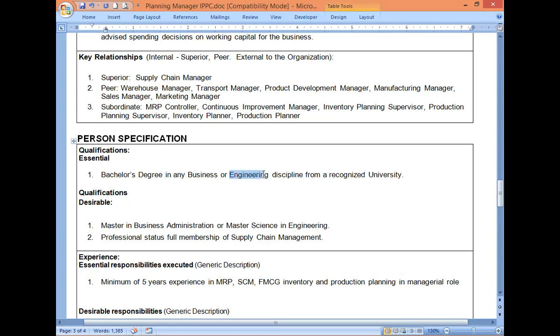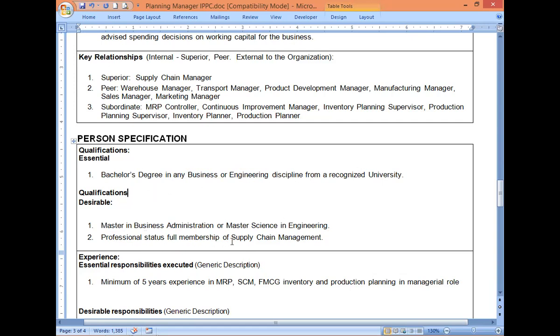He could be an engineer or he could be a business administrator, doesn't matter. And you could have a desirable qualification, master in business administration or master of science in engineering. It could be either of the two, business or engineering.